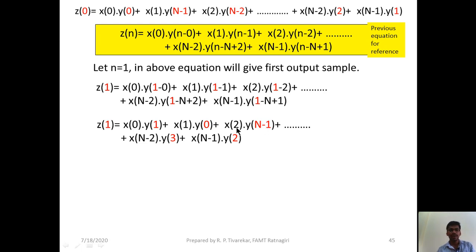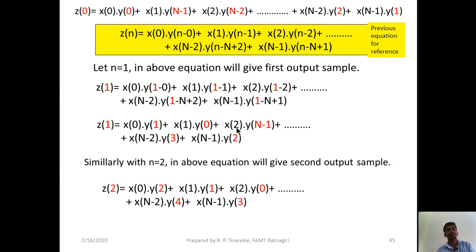So if I go ahead and keep on substituting for each new sample, if I substitute n equal to 2, I see that now y1 gets shifted to the right, y0 gets shifted to the right. So every time I do this, these y samples get shifted to the right. What actually happens is, the last sample y2 comes in and gets multiplied with the first sample of x0.